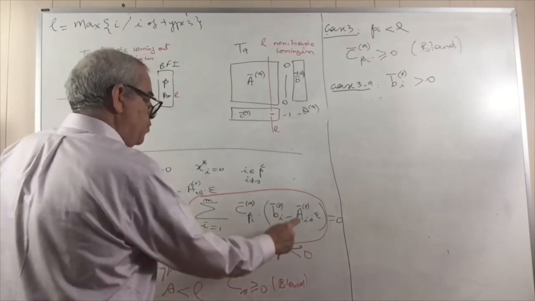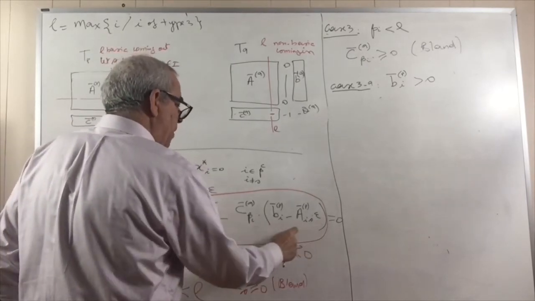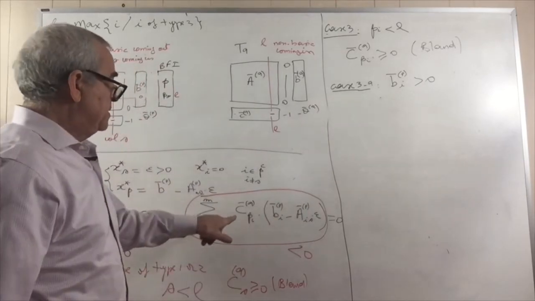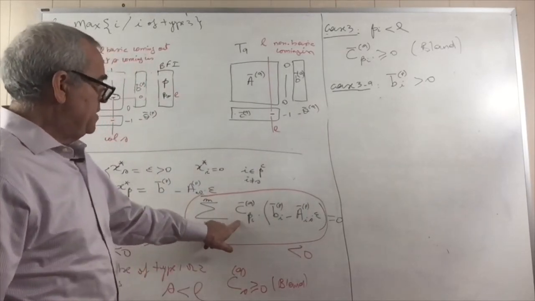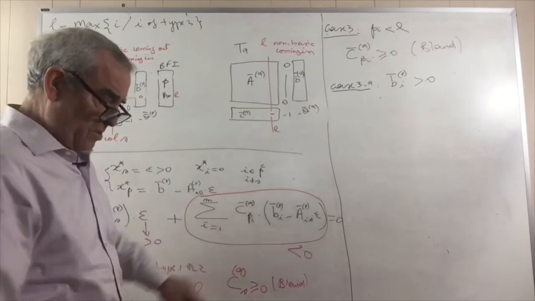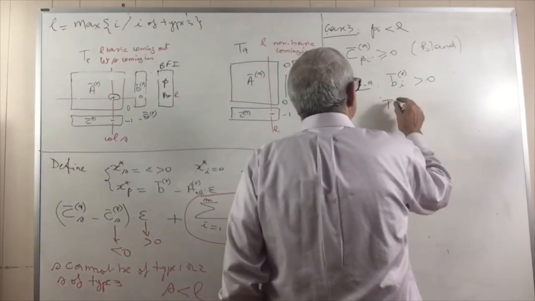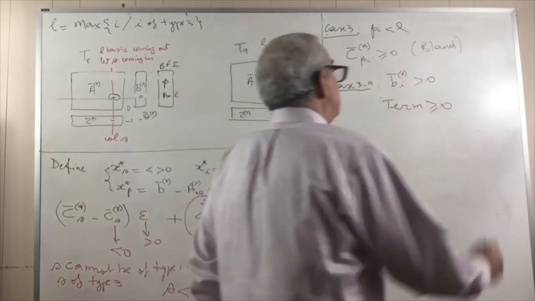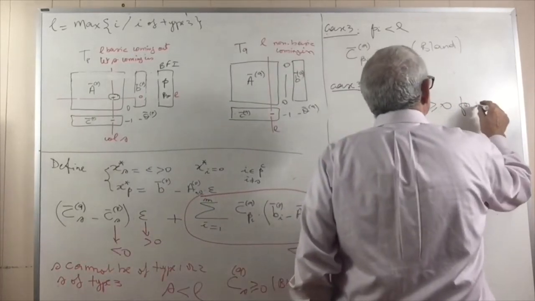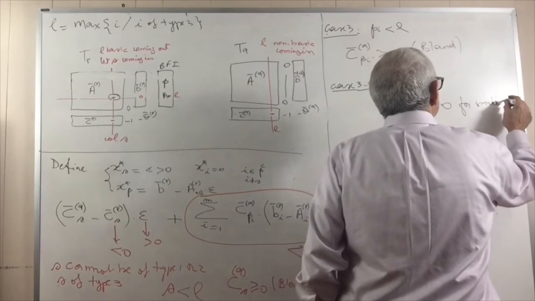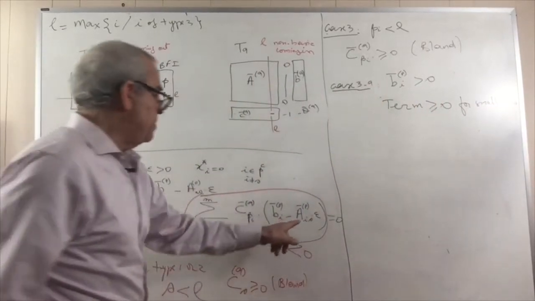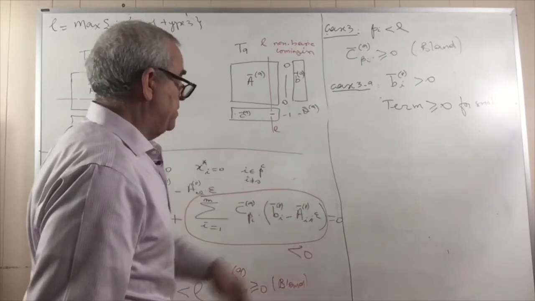Now, if I choose epsilon very small, I could make this strictly positive, times this which is greater or equal to 0. So the term is greater or equal to 0 for epsilon small. By making this term small, I could make this term greater or equal to 0.